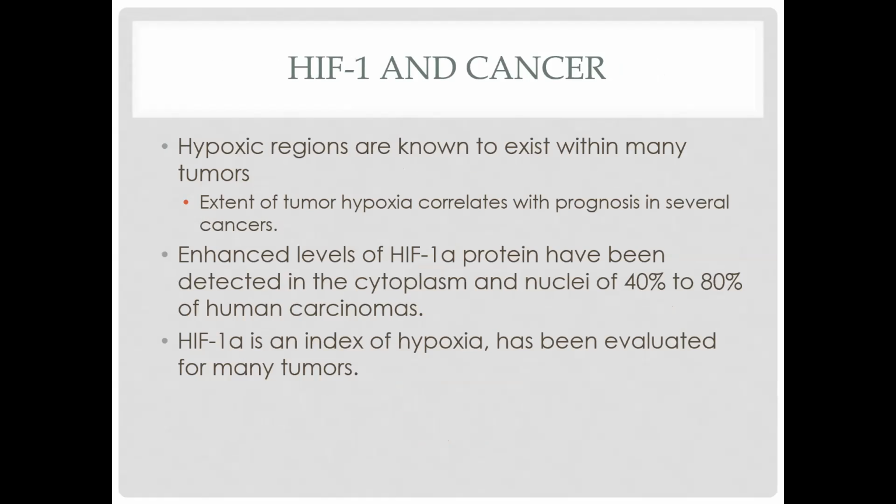And then HIF-1 is overexpressed in cancers. So in solid tumors, you have hypoxic regions, and HIF-1 is very highly expressed. In tumors, if you stain carcinomas for active HIF-1, depending on the type of carcinoma, 40 to 80% of them will show active HIF-1 in the nucleus.